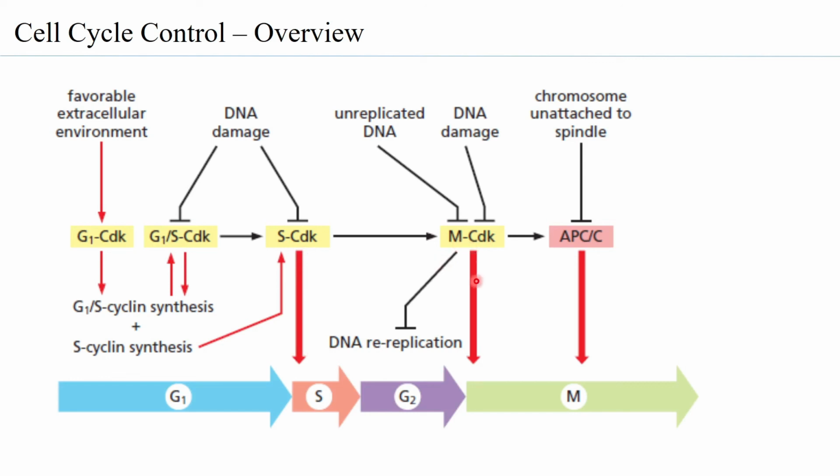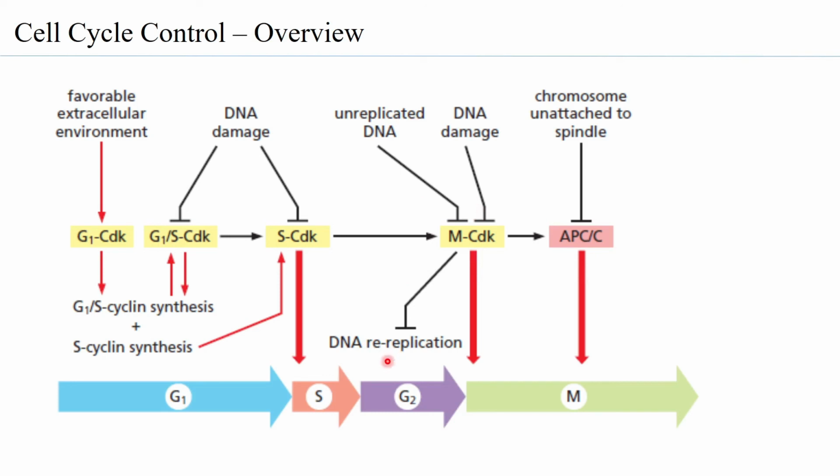The MCDK is at the G2M transition phase, but you can have the MCDK also inhibited if the DNA has not been replicated properly or there are damages that are yet to be repaired. So that's when you can have the MCDK inhibited. It cannot move the cell forward to mitosis.